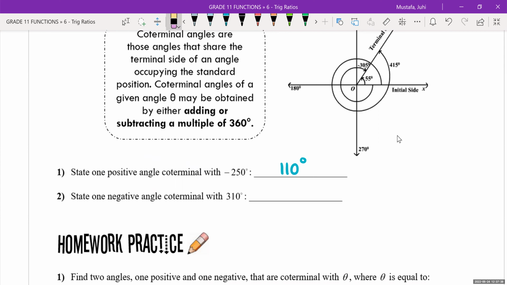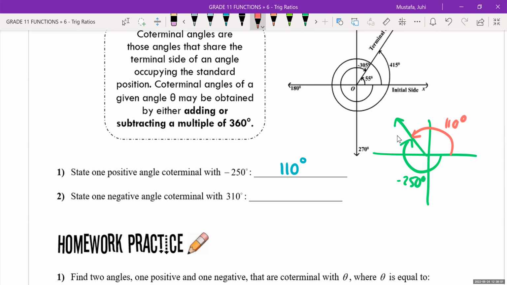So visualize negative 250. Actually, let's draw it out. Negative 250 would be approximately here. Let's say that's negative 250 degrees. If we are trying to figure out the positive coterminal arm, it means what is this measurement over here? And the math behind that is you just do negative 250 plus 360, and it's going to give you 110 degrees.